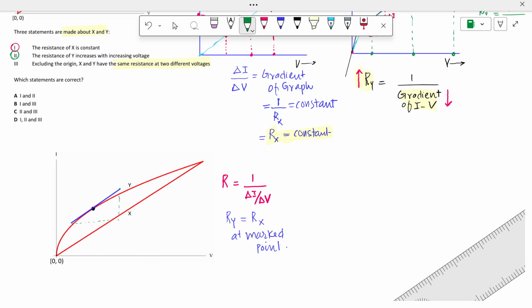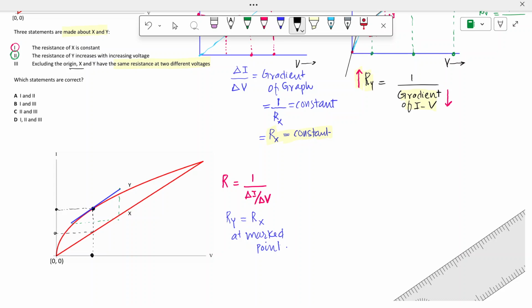And secondly, by the way, at that point there is the same voltage for both of them, but different currents flowing through both of the resistors. So first of all, the voltage is the same and the currents are different.